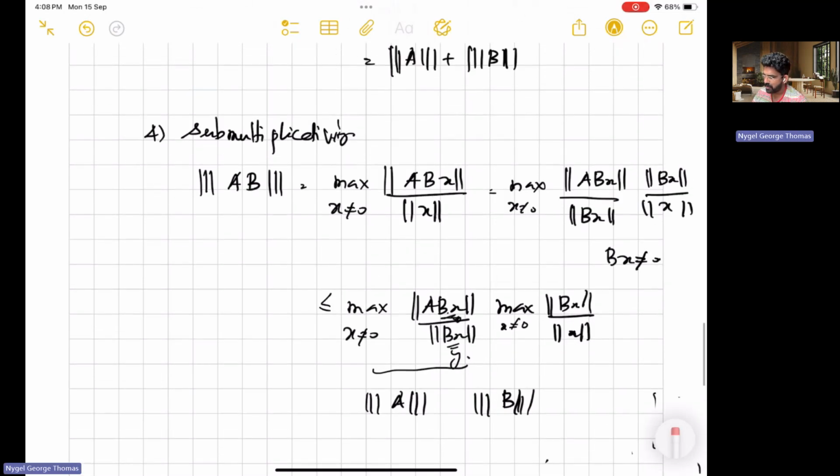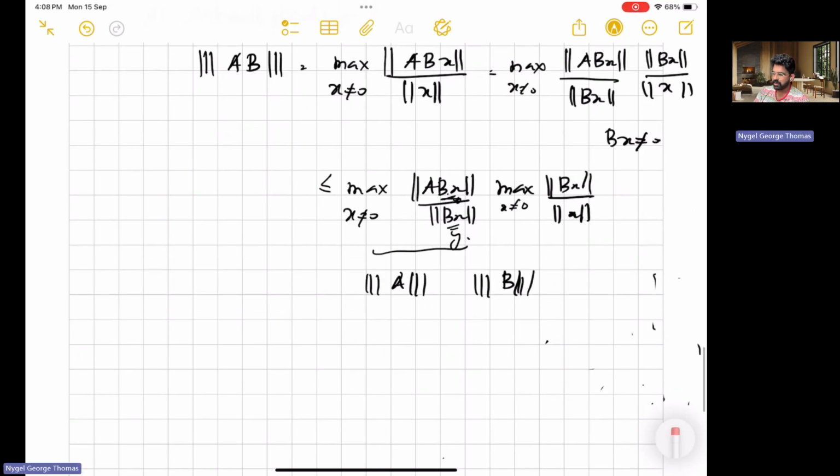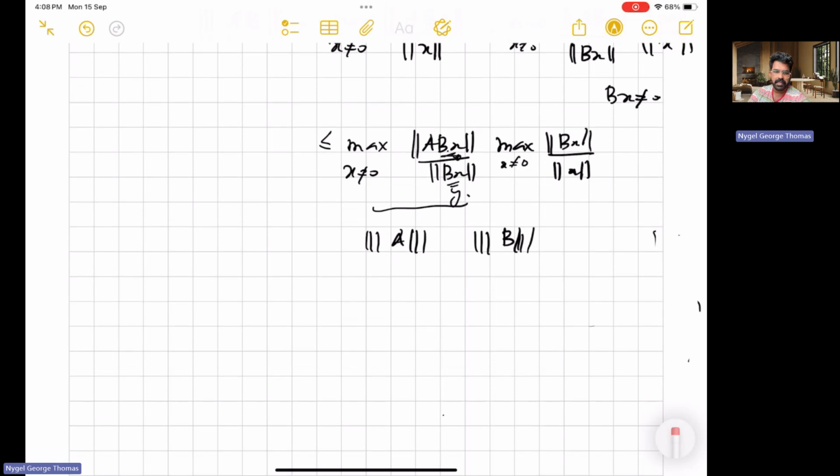This is true. Max of two norms is always less than or equal to max of the first norm into the max of the second norm. This is actually true. Fine. So we proved that this is also true, and which means that all the conditions are satisfied.